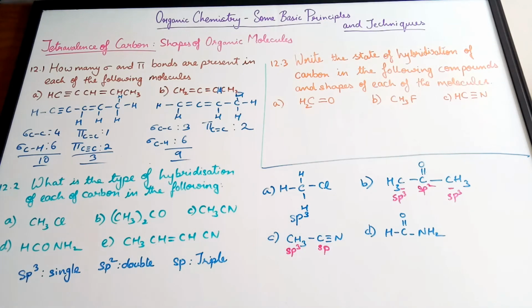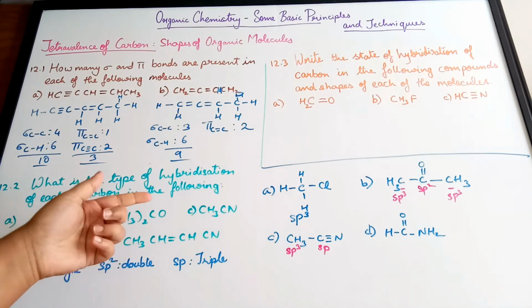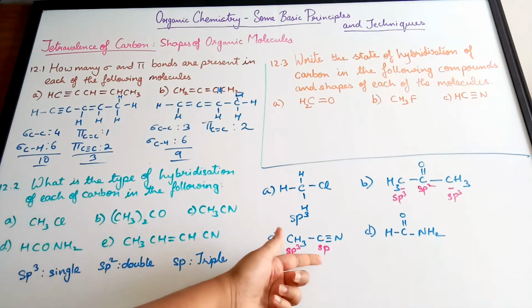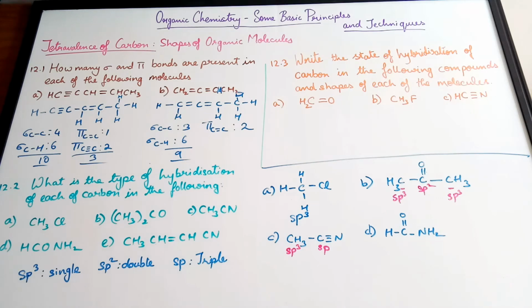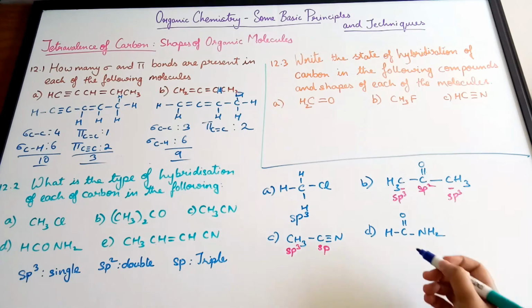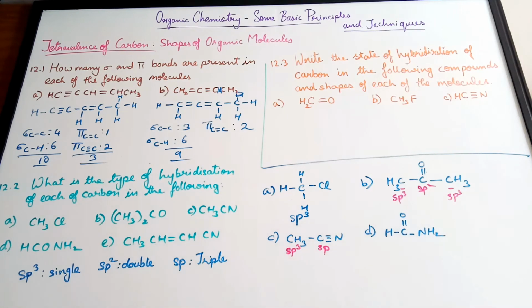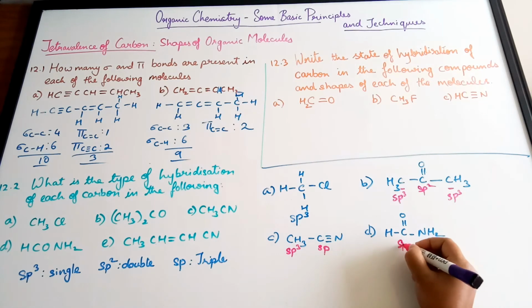Don't worry. For now, you need to remember that oxygen will form a double bond. Nitrogen is going to form a triple bond, and that's exactly what we followed. And when you understand about functional groups and you learn them, you will be able to do this on your own. So here, the carbon has a double bond, which means it is sp2 hybridized.